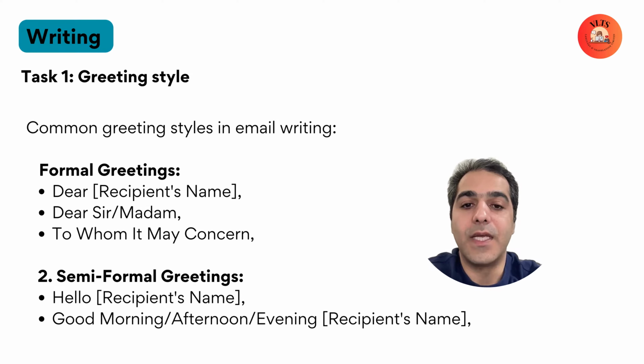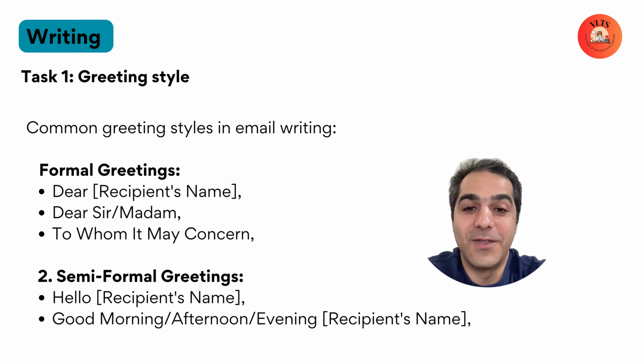You see, for formal greetings, you can use Dear and put the recipient's name, Dear Sir or Madam, and then To Whom It May Concern. That is completely formal. On the other hand, we focus on semi-formal greetings like Hello, the person's name that you're familiar with, your friend, your colleague, someone you're acquainted with before and you know each other.